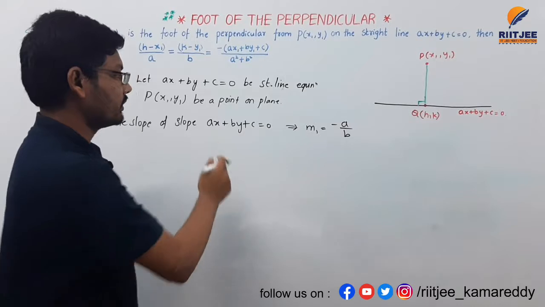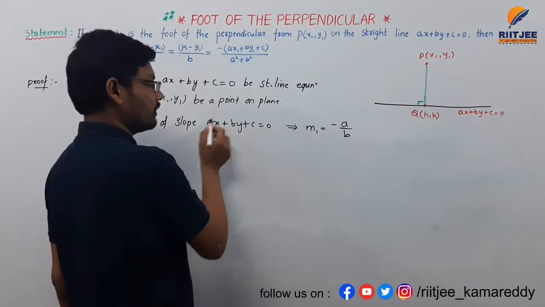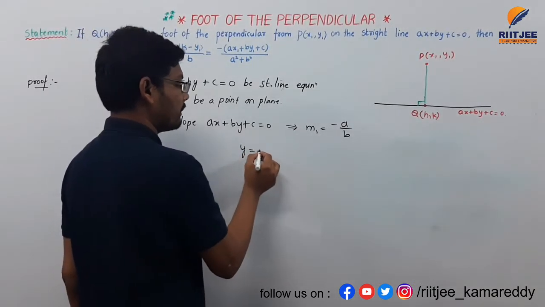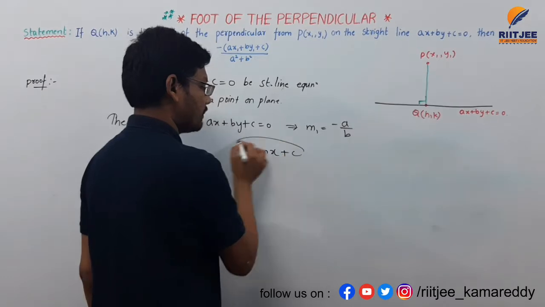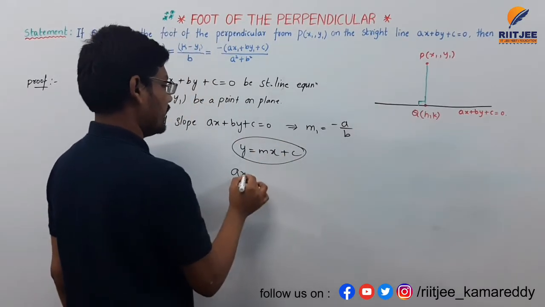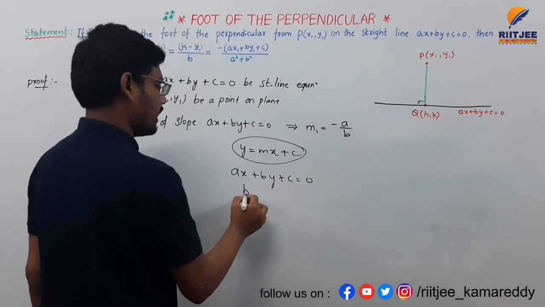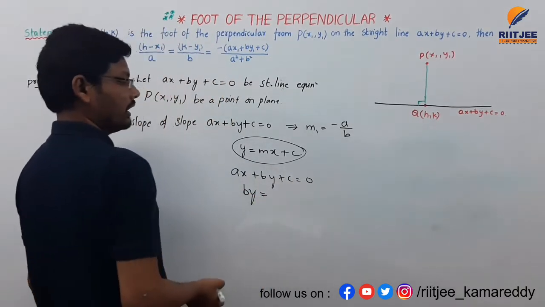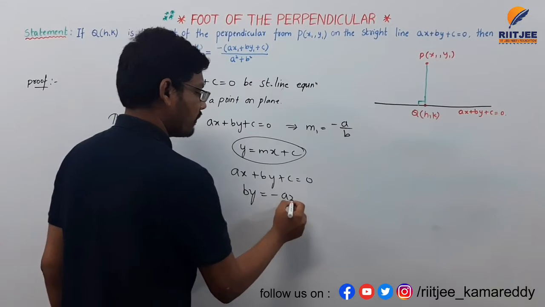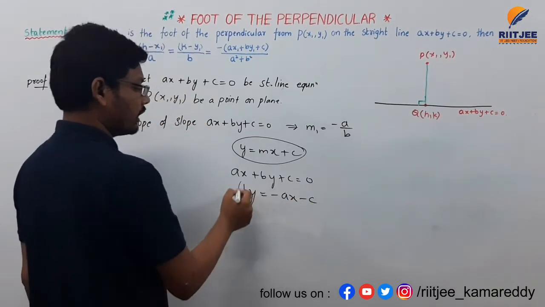If you convert this into the form y is equal to mx plus c, ax plus by plus c is equal to 0, so by is equal to minus ax minus c, and we want only y here.